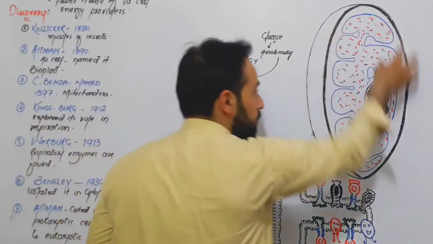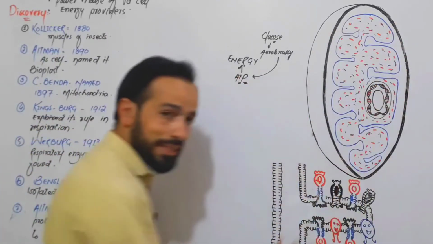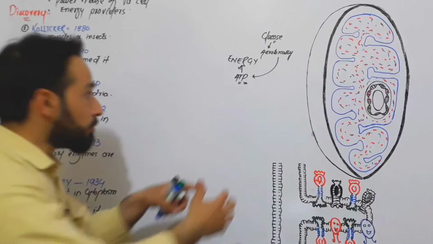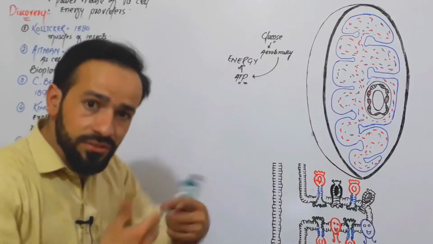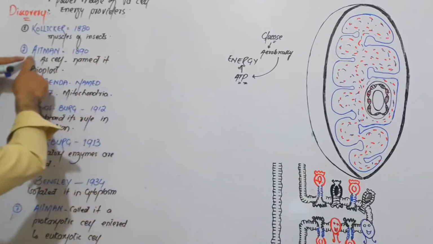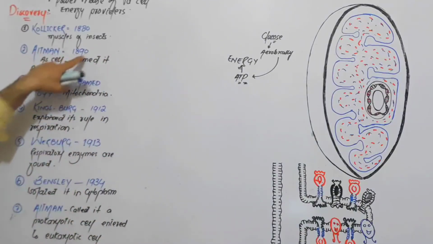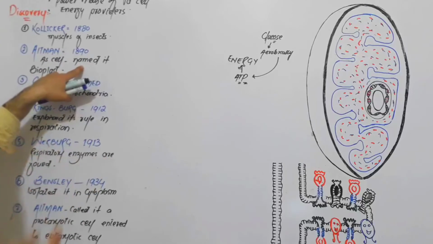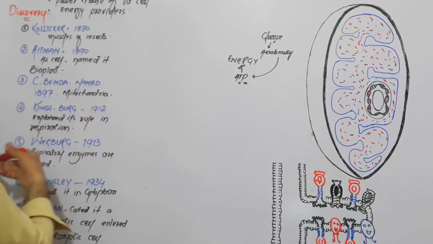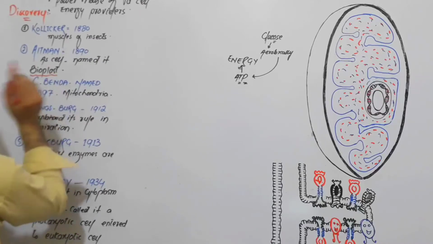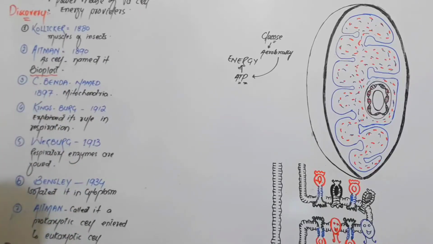And inside the mitochondria, as you can see, circular DNA is present, right? So the mitochondria show a picture of the cell itself, right? That's why Altmann in 1890 said that mitochondria work as a cell, and he called the mitochondria bioblasts, right? So when it was first named, the name was bioblast, by Altmann, right?